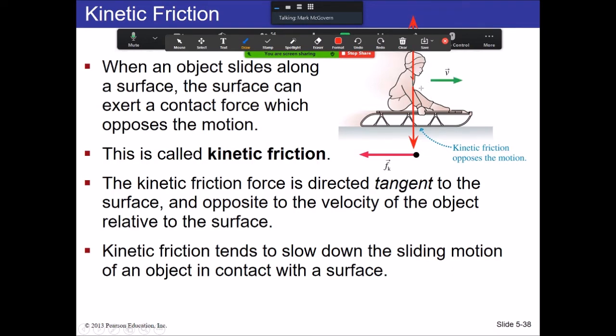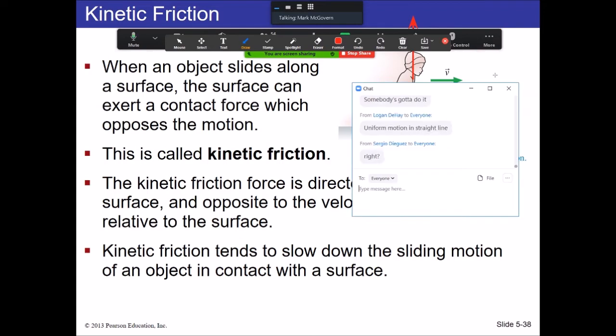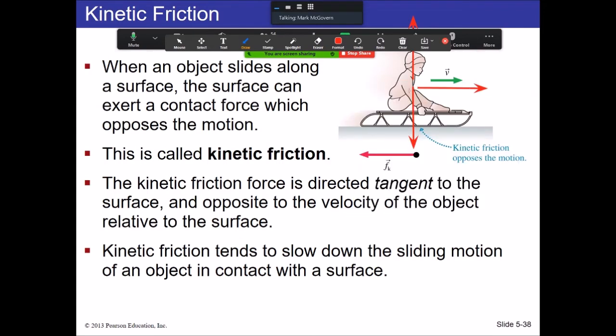Static friction. Which way? Up, down, left, right? Right. Oh, who said that? I did. Michael is right. To the right.